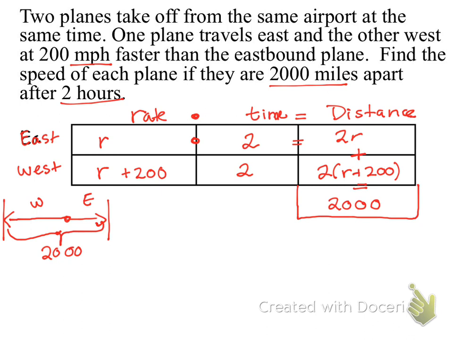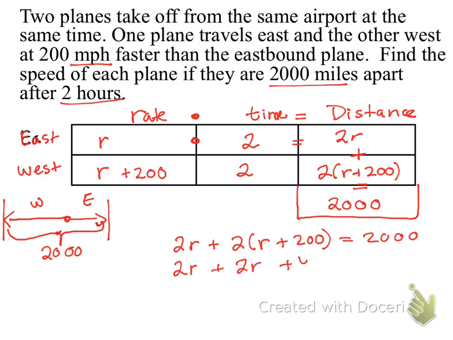2R plus 2 times the quantity of R plus 200 equals 2,000. And it's 2R plus 400 equals 2,000.